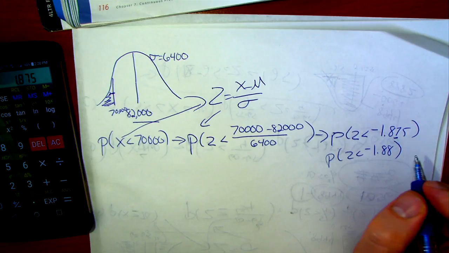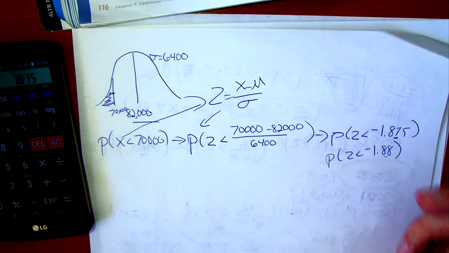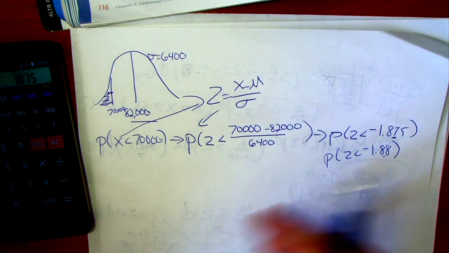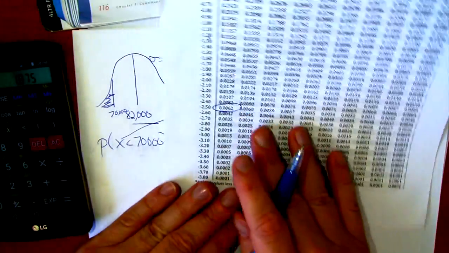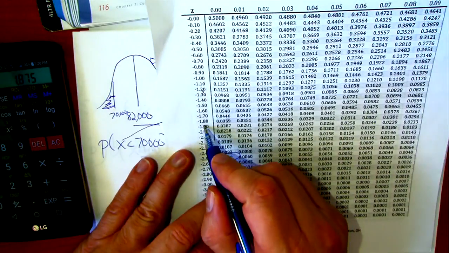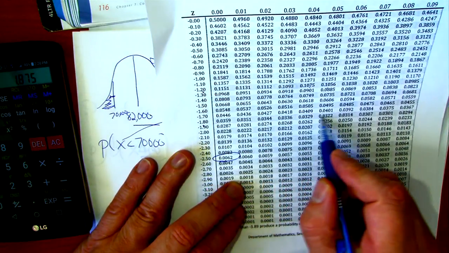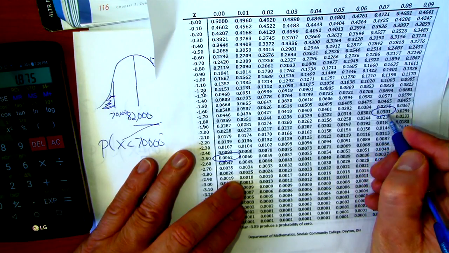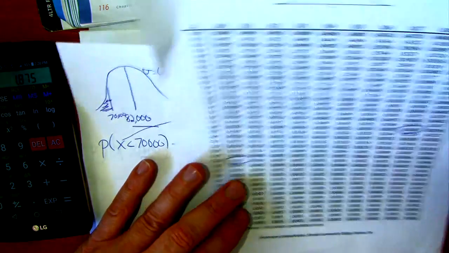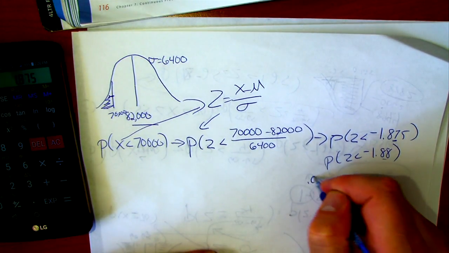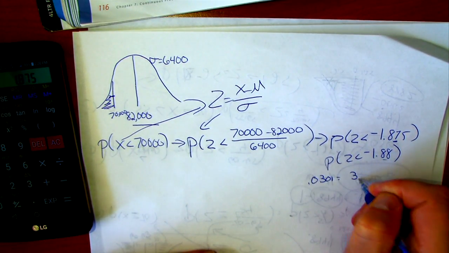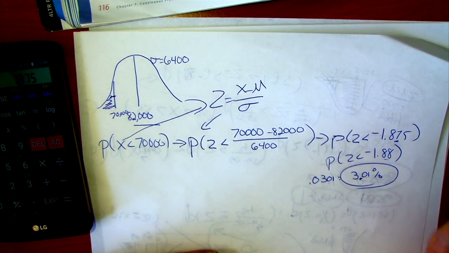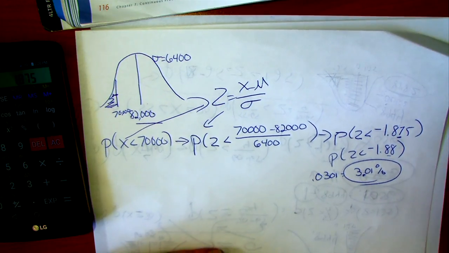The reason we round to the hundredths place is that's what our table goes up to. So this is less than, great. All I have to do is look up negative 1.88. Negative 1.8 is here. We need to go over to the 8 column. 0.0301 is our answer. So there's about a 3% chance, a 3.01% chance that we're going to get gypped. We're going to get less than 70,000.